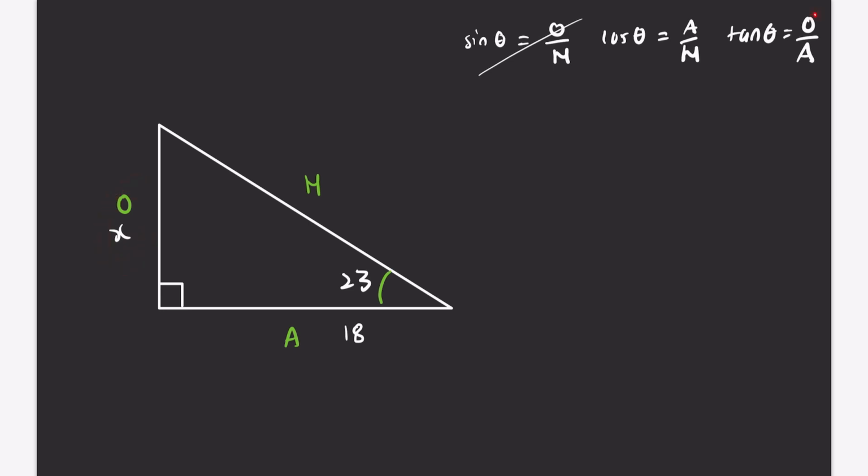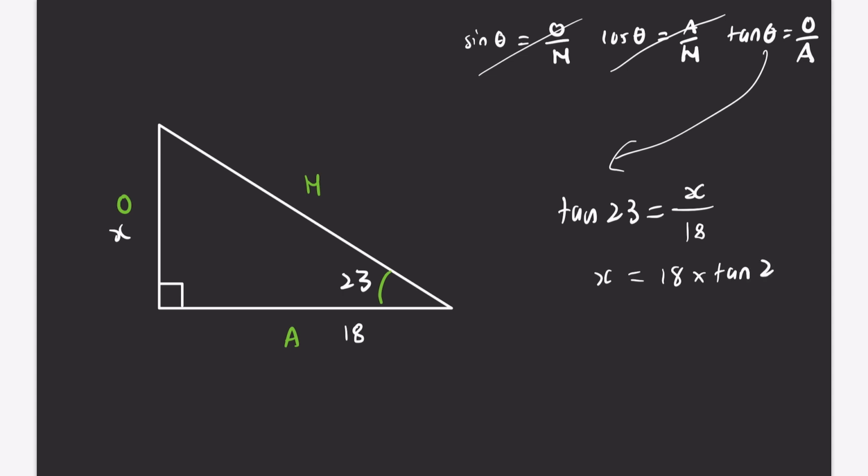So we can use the tan rule, and we won't be using the cos rule. So tan of 23 equals opposite, which is our x, over adjacent, which is 18. So x equals 18 times tan of 23.